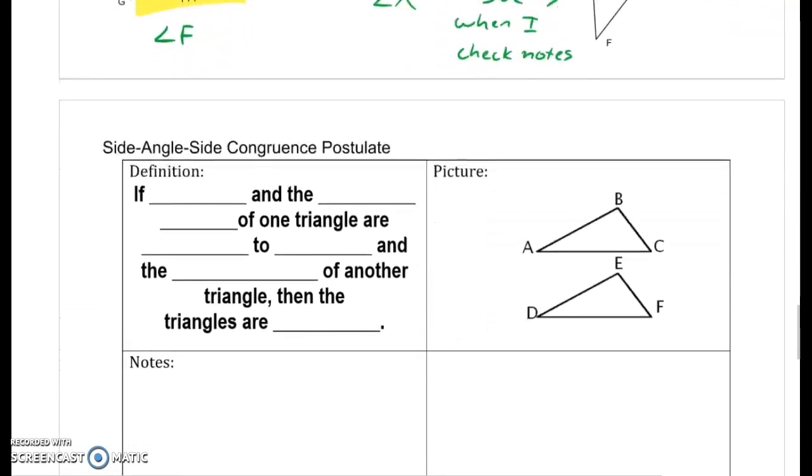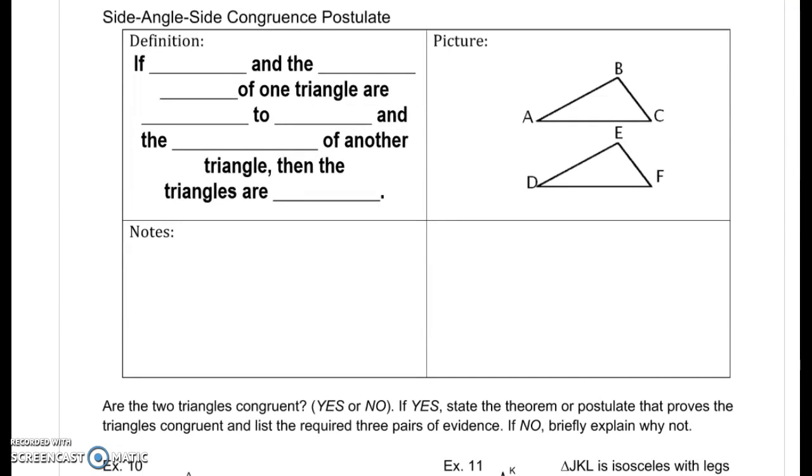And let's move on. The next shortcut is side angle side. The definition says, if two sides and the included angle of one triangle are congruent to two sides and the included angle of another triangle, then the triangles are congruent.